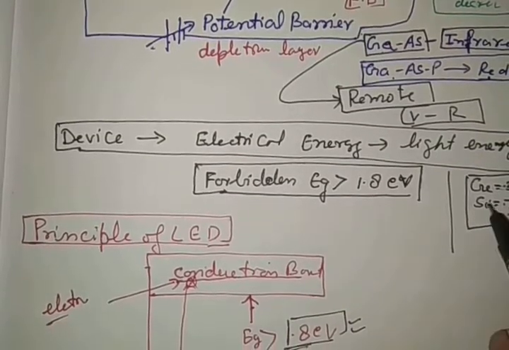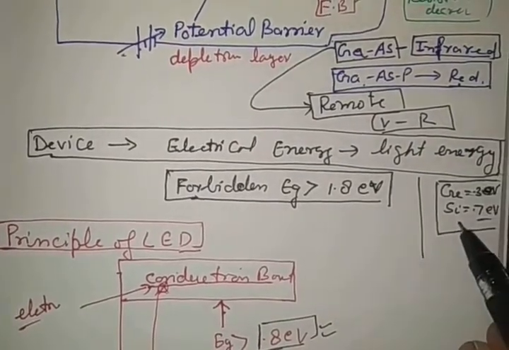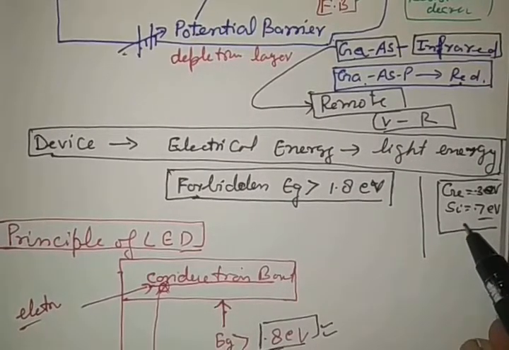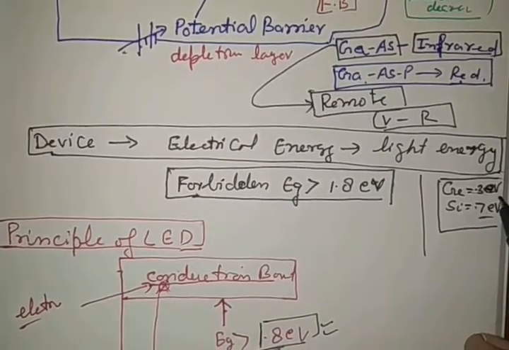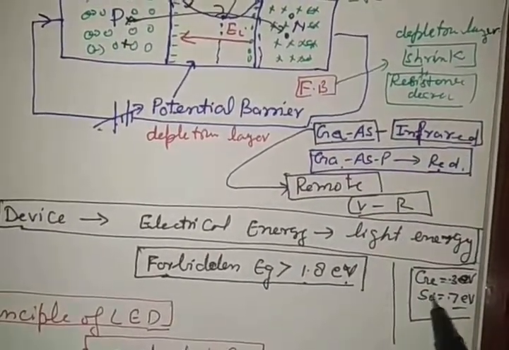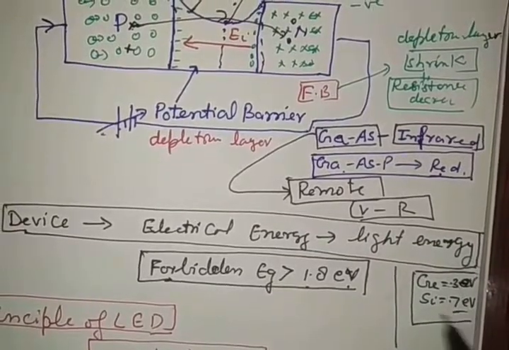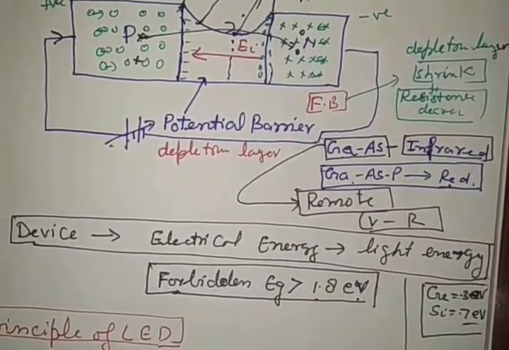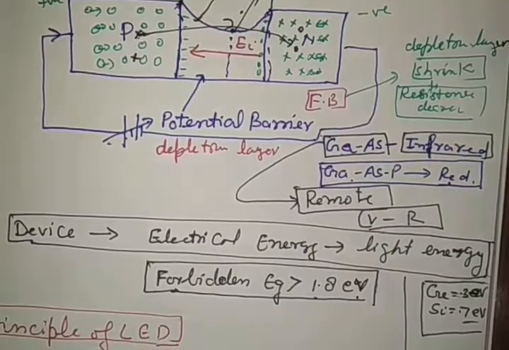But for that we cannot use germanium and silicon, because their forbidden energy gap is very small. Here more than 1.8 electron volts is required, and it is only 0.3 or 0.7 in the case of silicon. So this is for the light emitting diode.